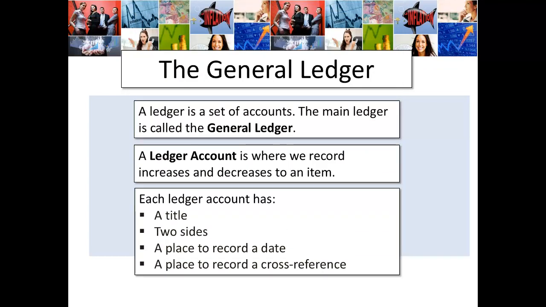Every ledger account has a title, two sides, a place to record the date and a place to record the cross-reference. Remember, it's all about double entry accounting, so every entry is going to have a cross-reference or another account.